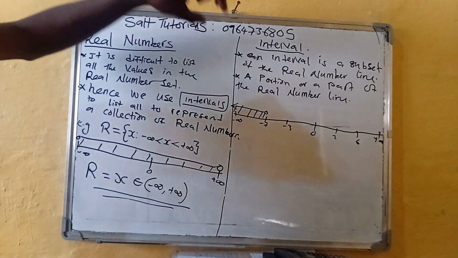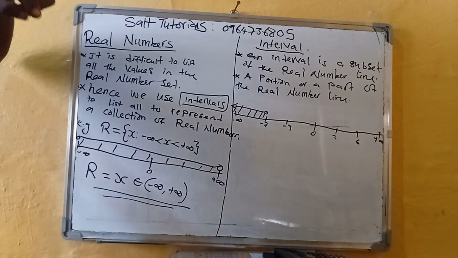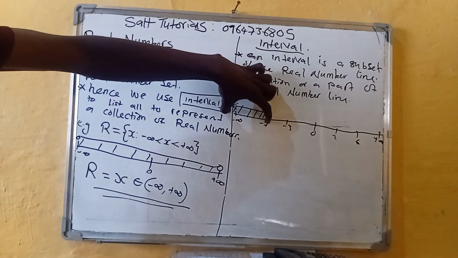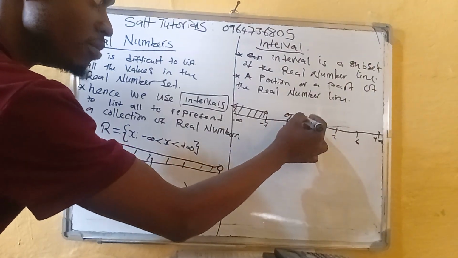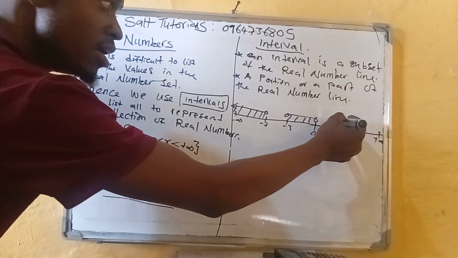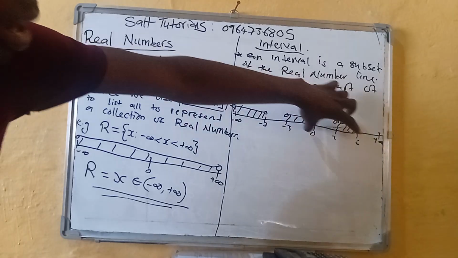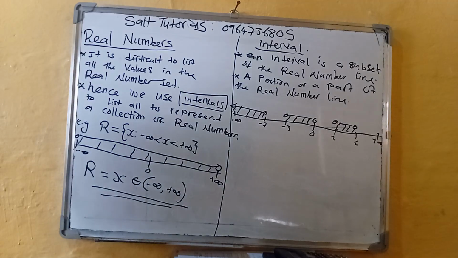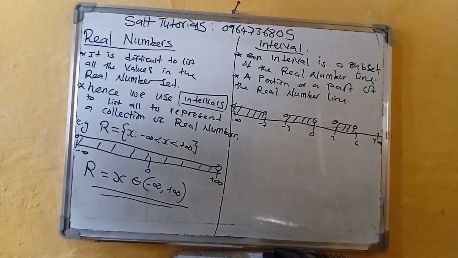So an interval is basically a range of values from what to what. So this is a range of values being collected. This can be an interval. Maybe from here to 0, this also can be an interval. Maybe from here to 6, this also can be an interval. So it's a portion or a part formed from the real number line. Every portion is called an interval.